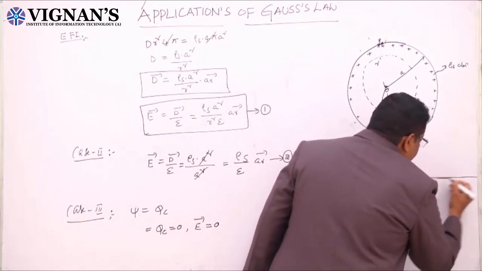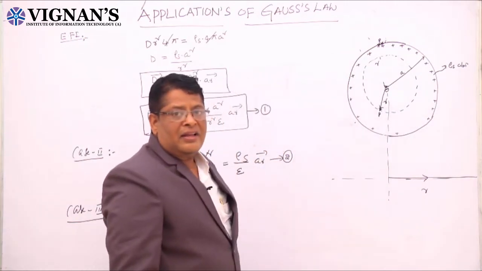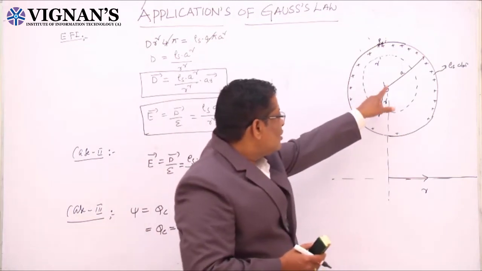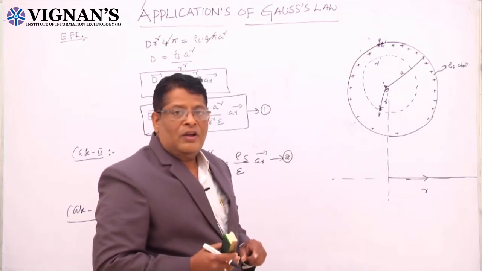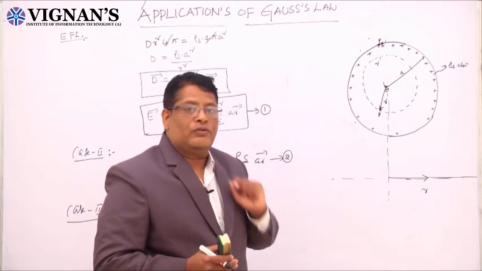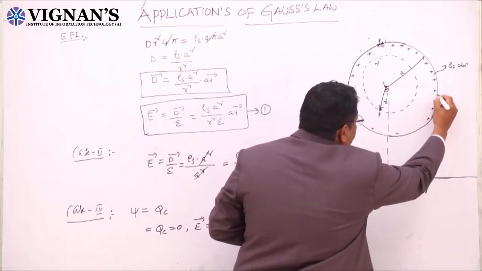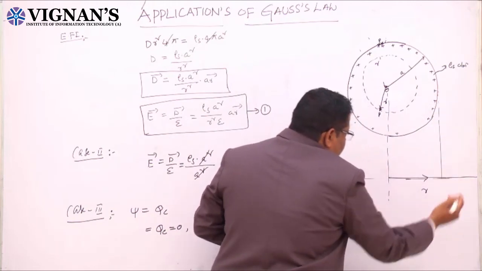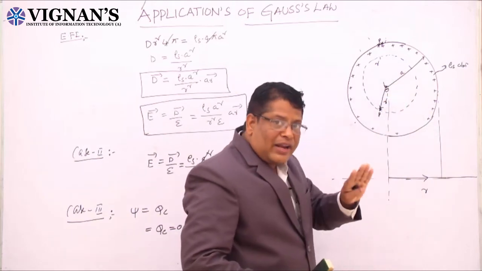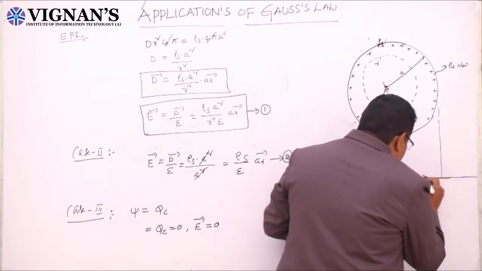On the x-axis we have taken the r, nothing but the distance between the point P to the center of the shell. So the P is the point where we have to find out the electric field intensity. Now here, inside of the shell, if the R value is less than A, the electric field intensity inside the shell is 0.